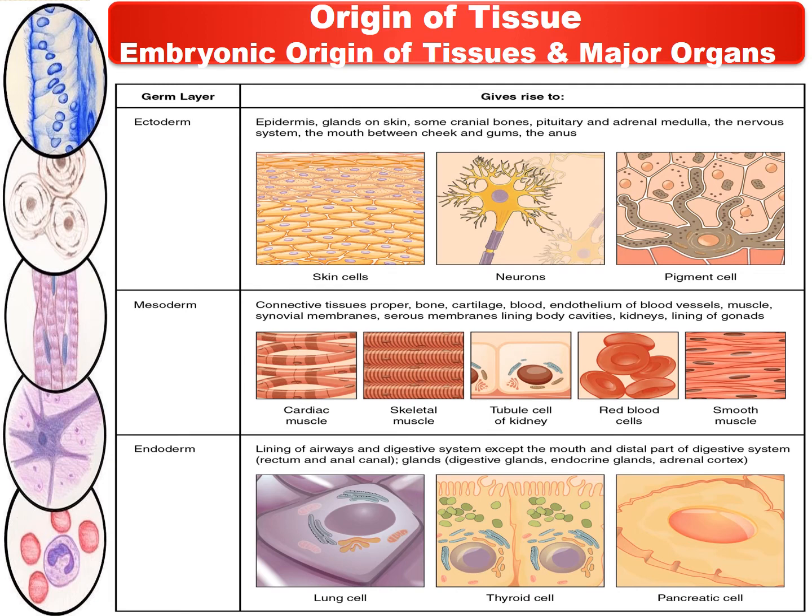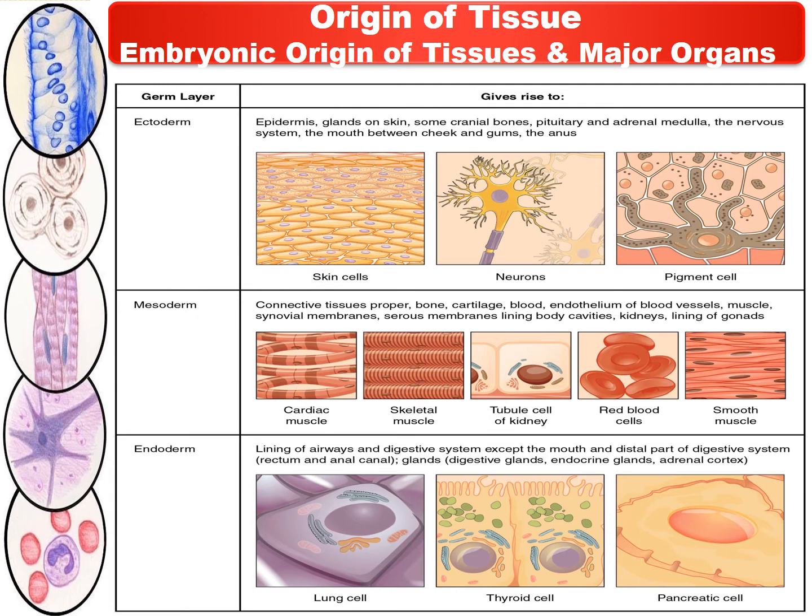See in this diagram, the first germ layer, ectoderm, gives rise to the epidermis, glands of the skin, some cranial bones, pituitary and adrenal medulla, the nervous system, the mouth between cheeks and gums, and the anus. That is, it gives rise to the skin cells, neurons and the pigment cells.